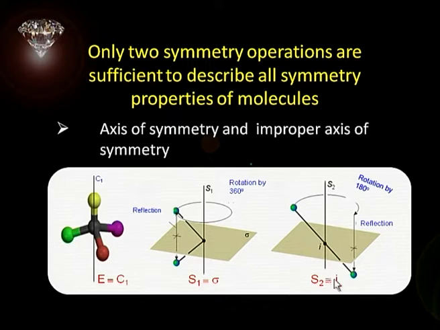So we find that the center of inversion, the plane of symmetry and identity can all be equated in terms of the axis of symmetry and the improper axis of symmetry. Essentially it boils down to saying that we need only 2 symmetry elements. That is very, very crucial. We will talk more about it as we build further.